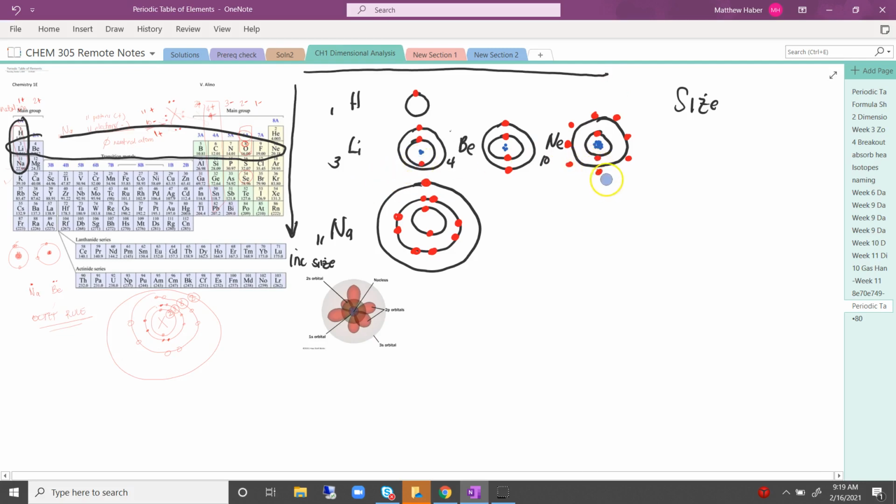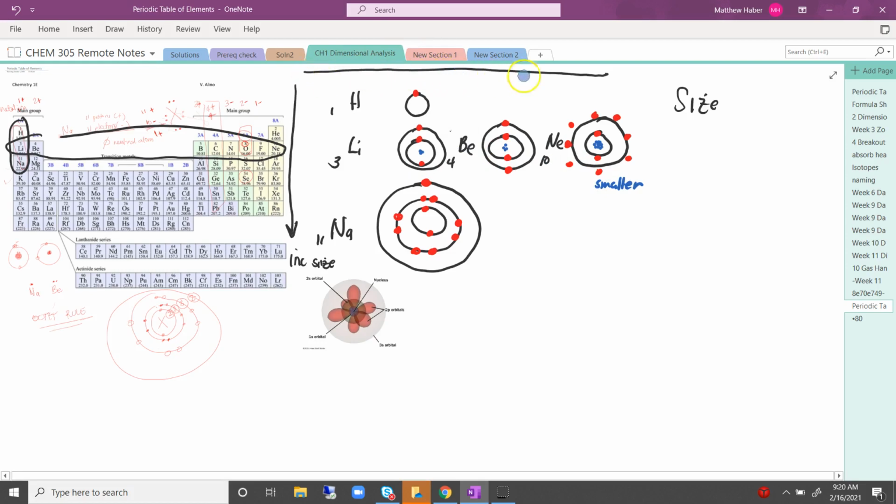So neon is actually smaller in size, in radius, or in diameter. I'm sorry, we're thinking of an atom, so we're looking at diameter. So the size of neon is actually smaller compared to beryllium, and lithium is actually bigger compared to these two atoms. So it's opposite in trend.